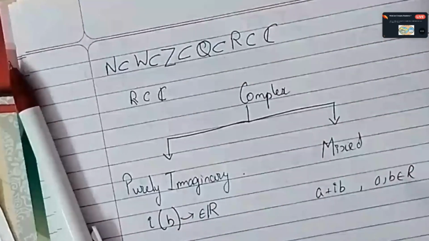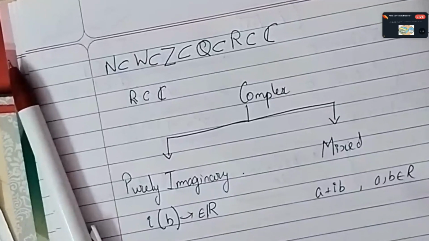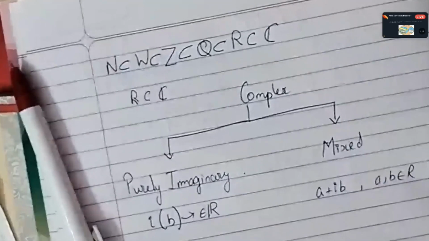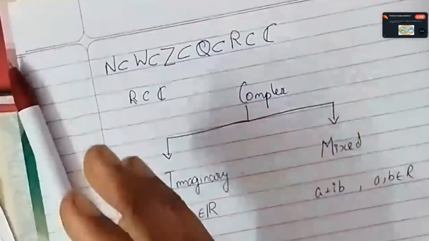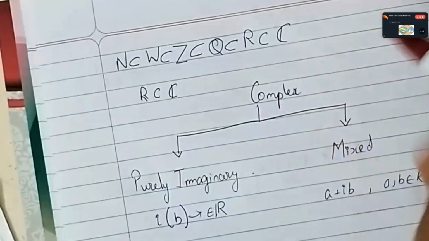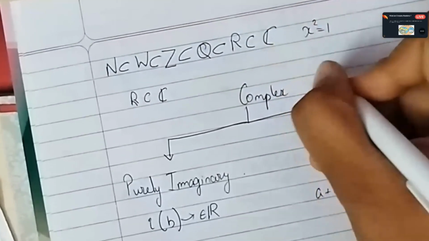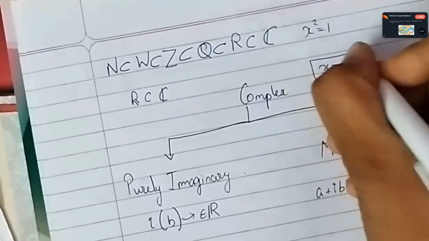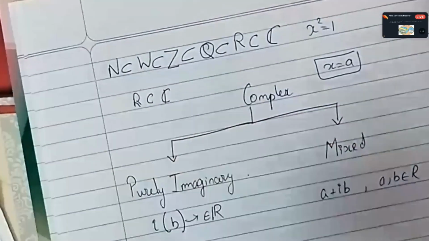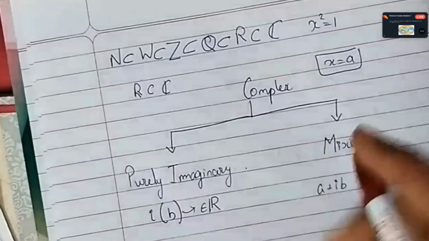Hence, it was called an imaginary solution to the equation. We just forced the solution onto the question. It's basically like saying that if x square equals 1, we say x equals a is a solution. It's basically not an actual answer to the question. That's what it was thought.